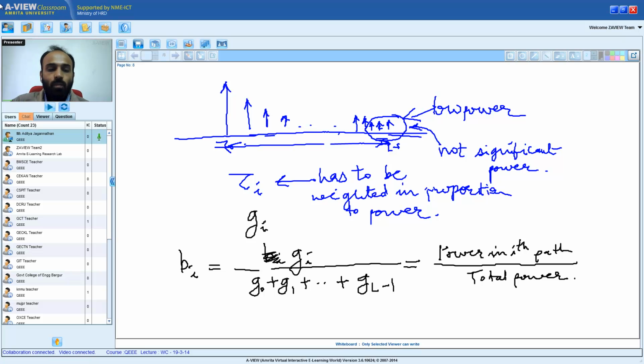That is, what is Bi? Bi is basically the power in the ith path, that is Gi, divided by the total power, that is G0 plus G1 plus so on up to G(L minus 1).